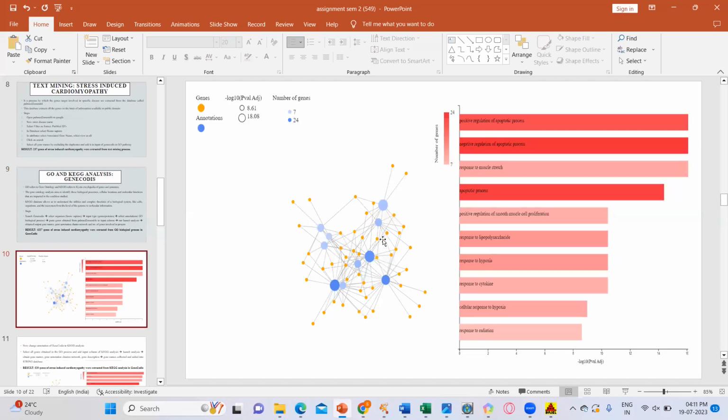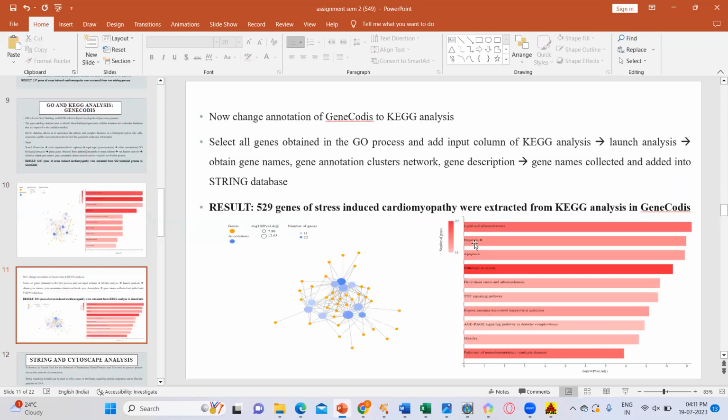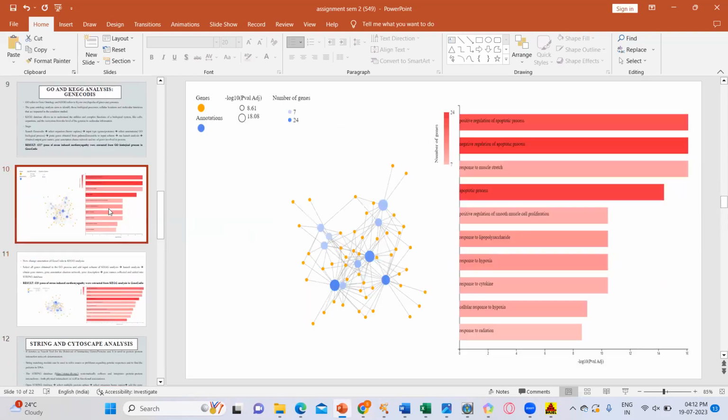This is the network that I've got from the GO process, wherein the yellow dots are showing genes and blue dots are showing annotations, wherein there are 7 genes over there, and in the annotations they are 24 in number. This is the bar chart shown over here with the process and type involved of the gene.